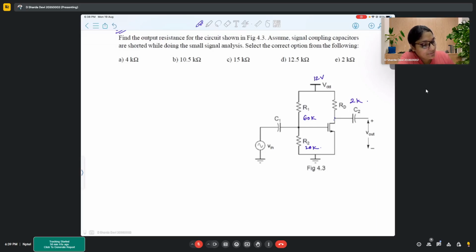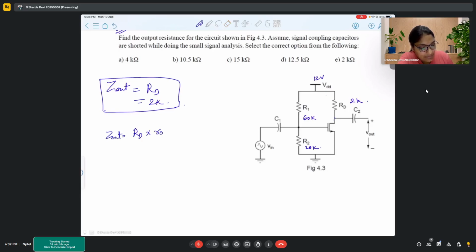If you go to the small signal model and analyze, it will be very easy. So here the Zout will be simply the RD, which is 2K. But if there was R naught present, it would have been RD into R naught. So please keep this in mind. That is important.